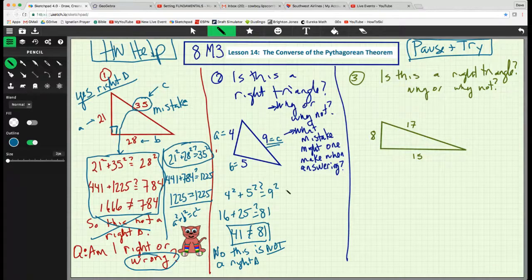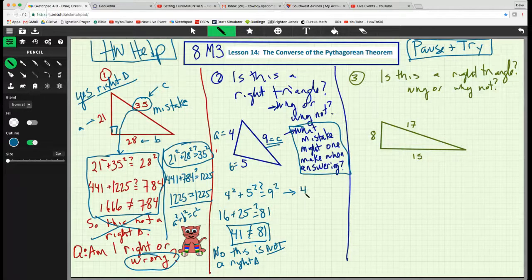And notice, what mistake might one make when answering? Let's answer this second question. Well, I think there's probably more than one answer, but the one that jumps out is someone might say, oh, 4 squared plus 5 squared equals 9 squared. They might just look at this and say that's true.